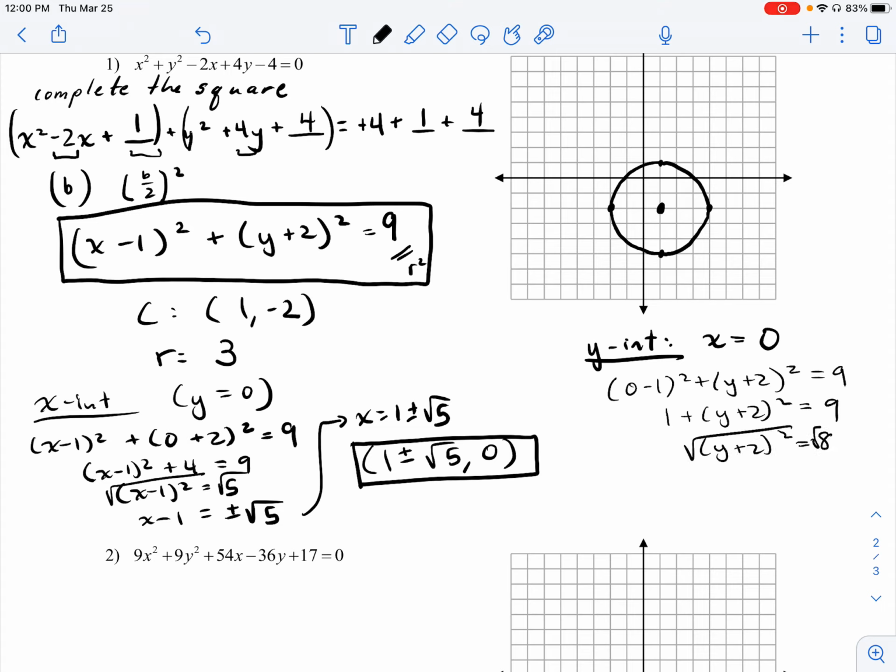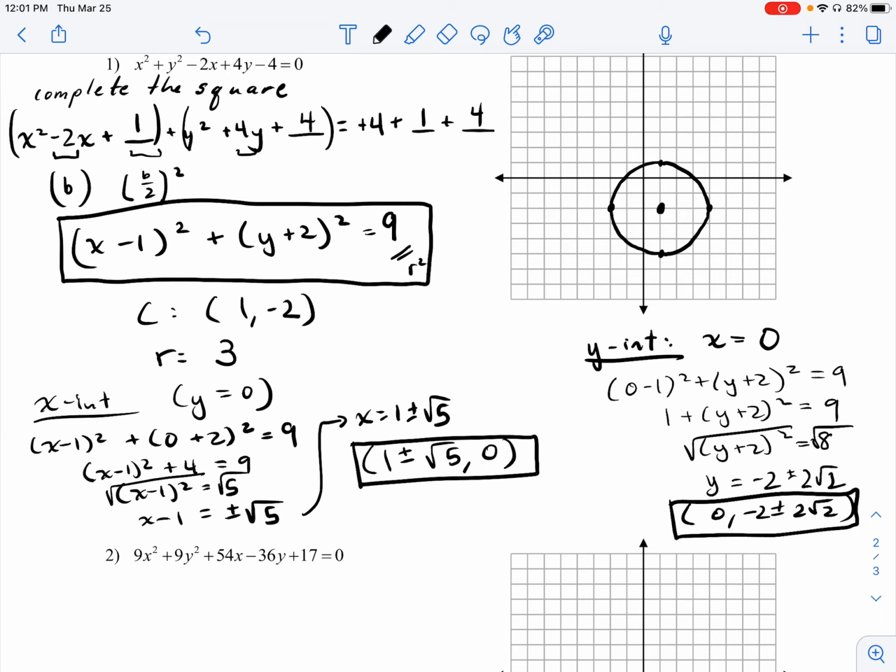Take the square root of both sides. I'm just going to do this in one step here, but we're going to say y is equal to -2 plus or minus 2 root 2, which is just a simplified form of root 8. That means my y-intercept would be 0, -2 plus or minus 2 root 2.